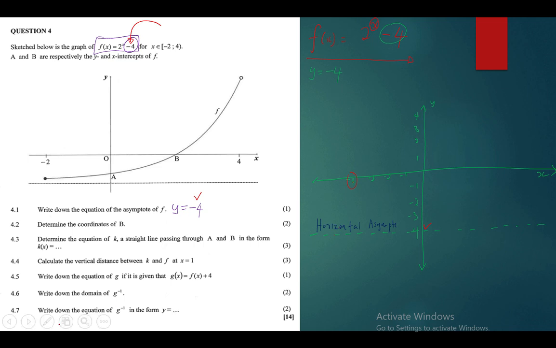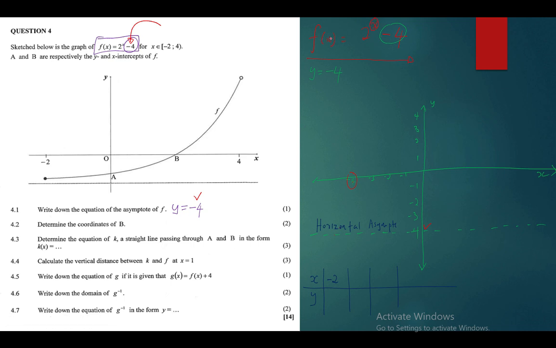Now, what you do, you use the table method. You ask yourself, you say x and y. When x is negative 2, just start at negative 2, guys. You say when x is negative 2, what is the value of y? You input negative 2 on your equation.